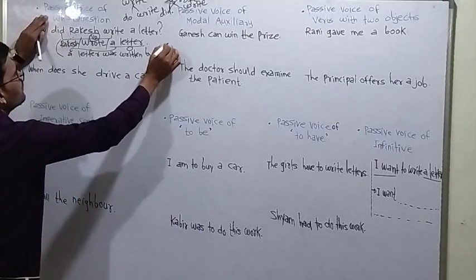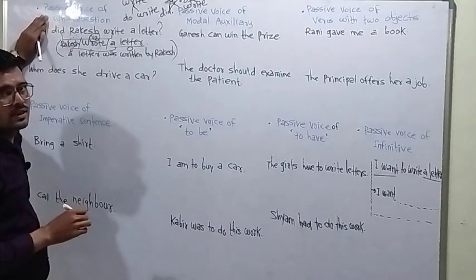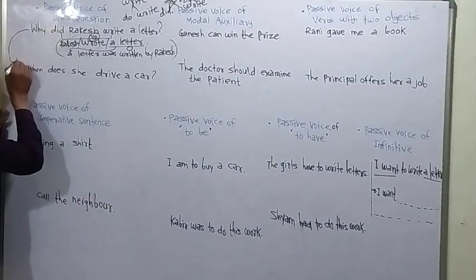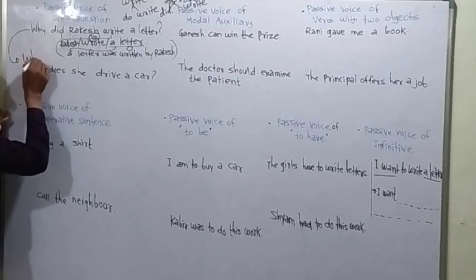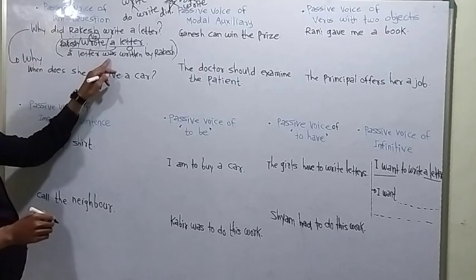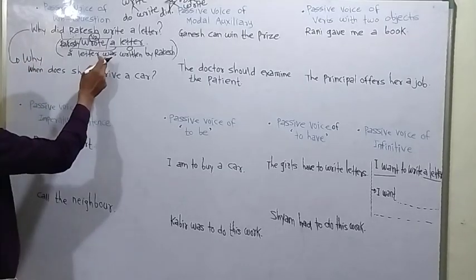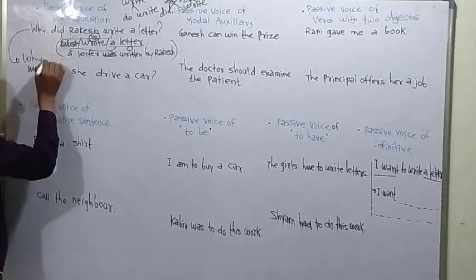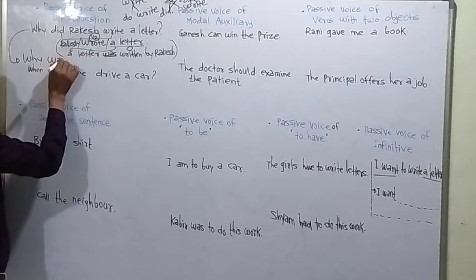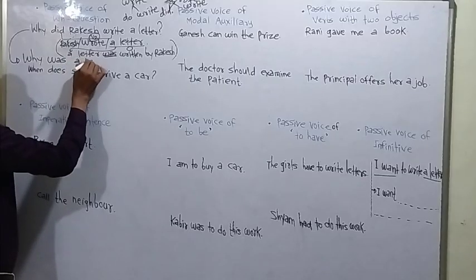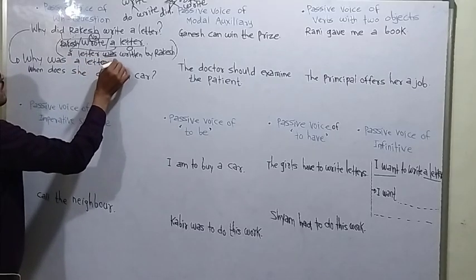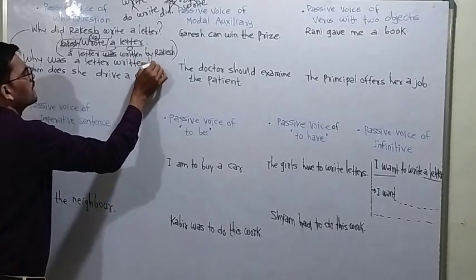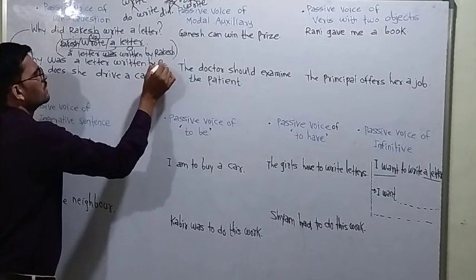That is only the solving method, that is not the answer. The answer goes in this way. We take why as it is: Why was a letter written by Rakesh?